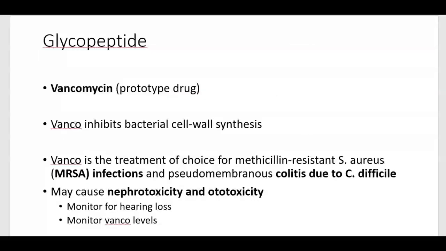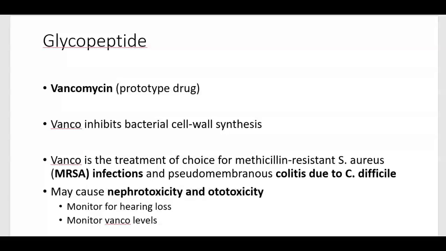There's one glycopeptide antibiotic you need to be familiar with, and that is vancomycin. It is commonly used in hospital settings. Vancomycin works by inhibiting bacterial cell wall synthesis. Vanco is the treatment of choice for MRSA infections, as well as pseudomembranous colitis due to C. diff.